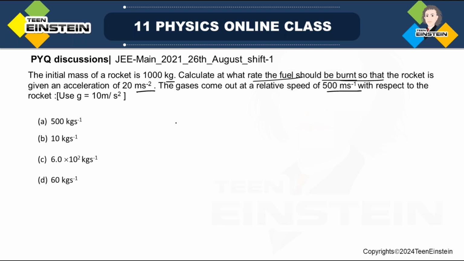So look, I'll just draw the free body diagram. Suppose this is a kind of rocket, so there will be a narrow hole over here and the gas will be coming out with very high speed.